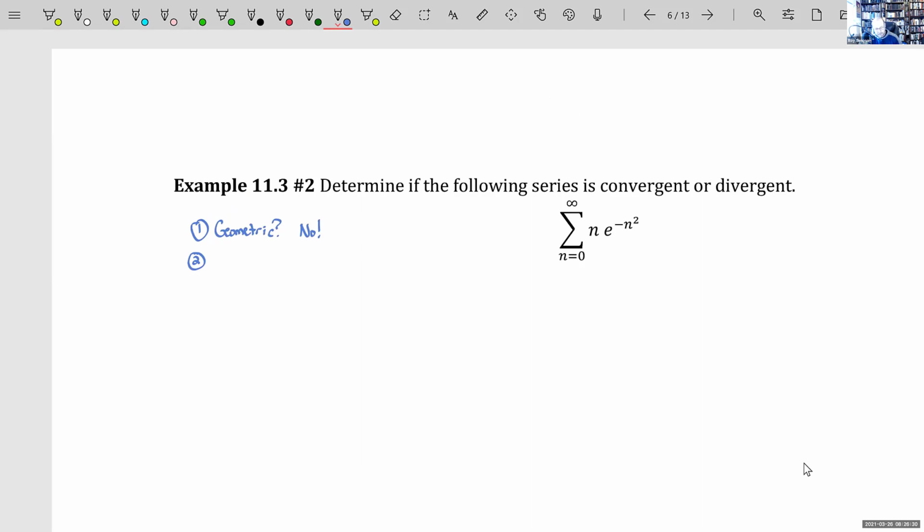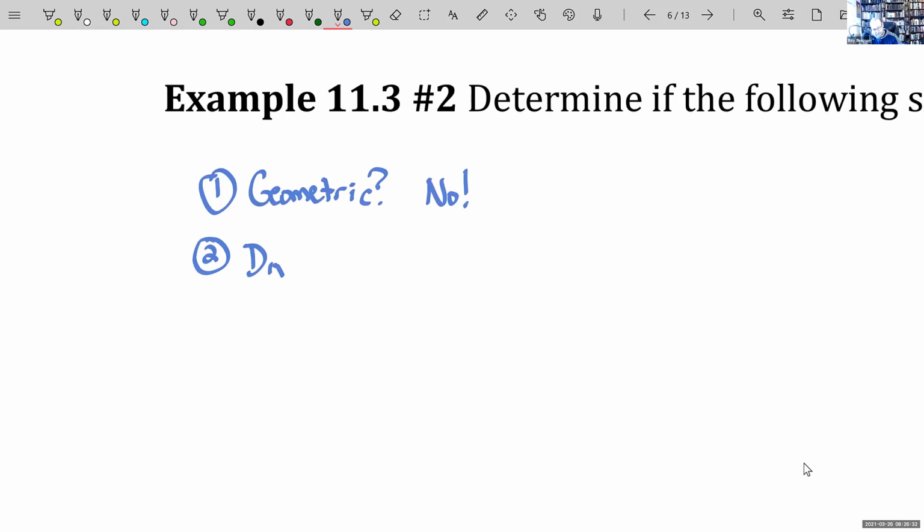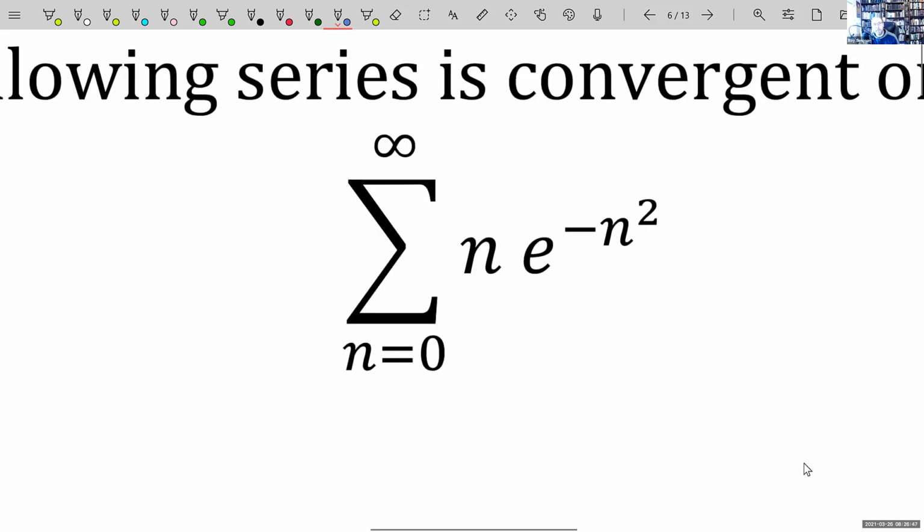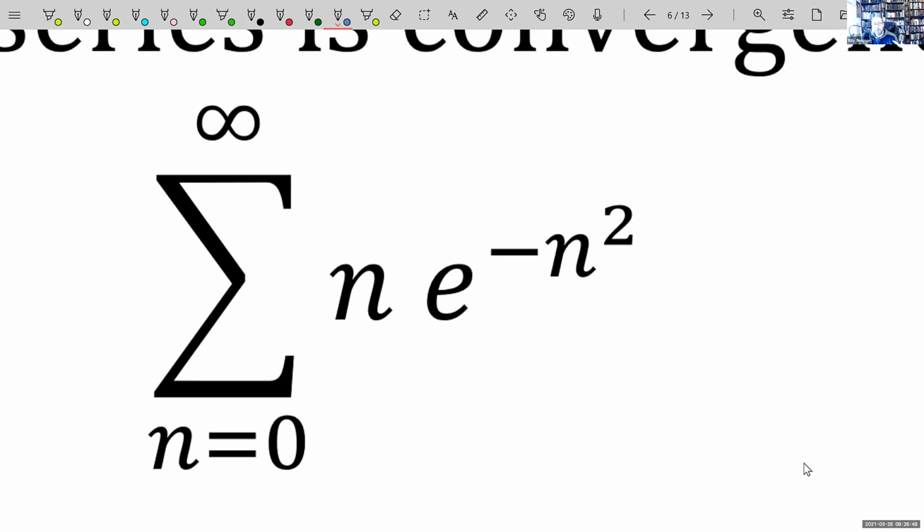And can you use the divergence test? Is that a possibility? Well, that's a quick check. Most of the time, you don't even write this down, but I'm writing this down for your benefit so you can see what your brain should be thinking about when somebody hands you a series like this. The first thing I do is the divergence test, in my head only.